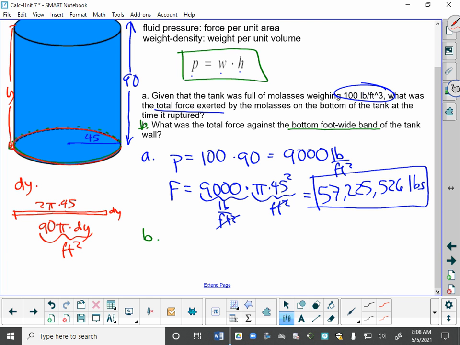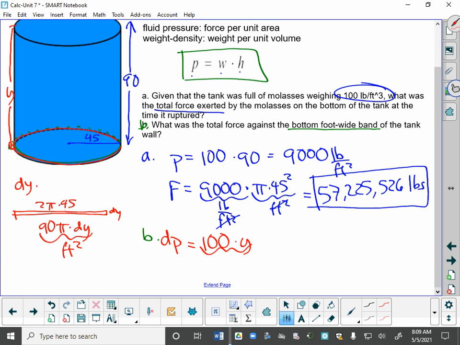We have the weight density times the height, so our little bit of fluid pressure is going to be the weight density, which was 100 pounds per cubic foot, times the height. The depth here is y, so pounds per cubic foot times feet.